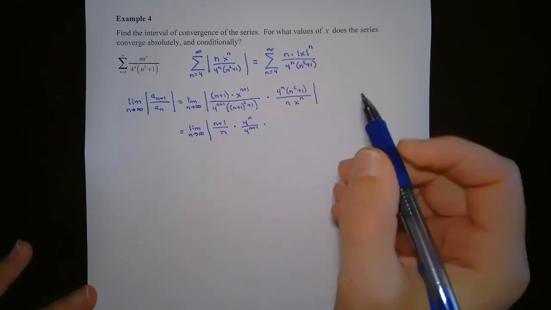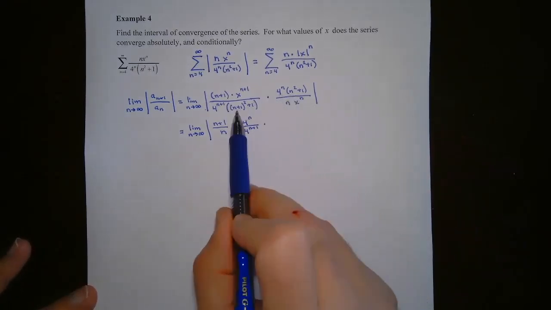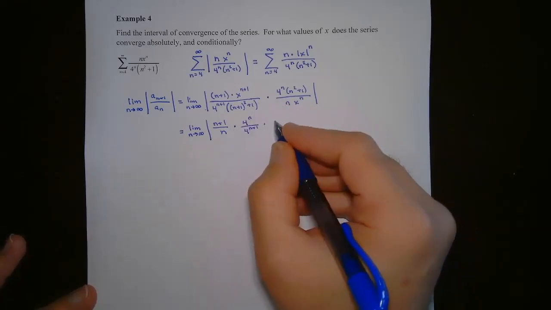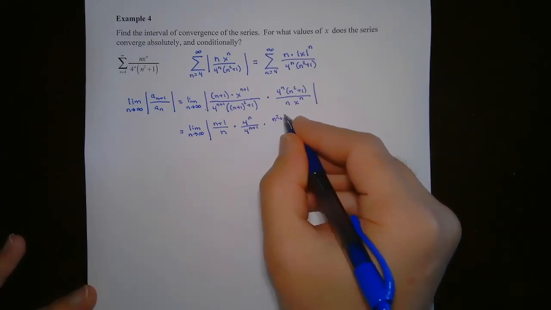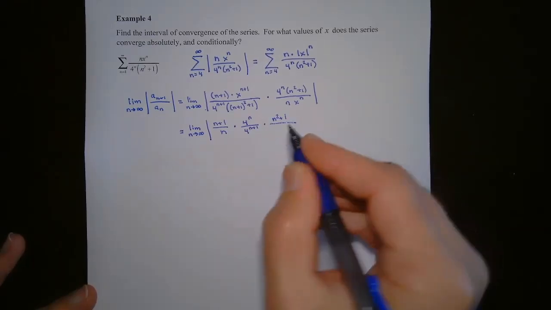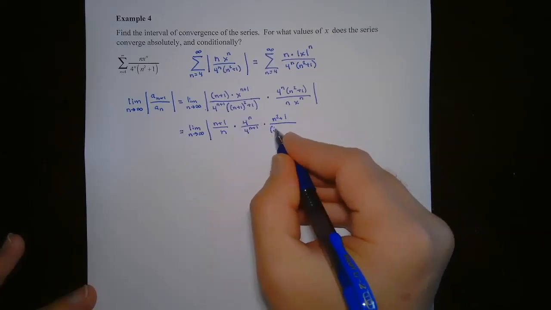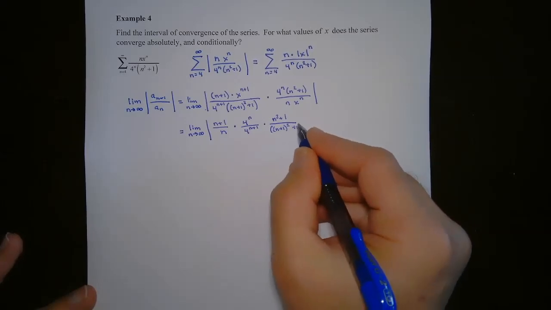And then times n squared plus 1, and down here, n plus 1 squared plus 1, right? Yeah, n squared plus 1 over n plus 1 squared plus 1.